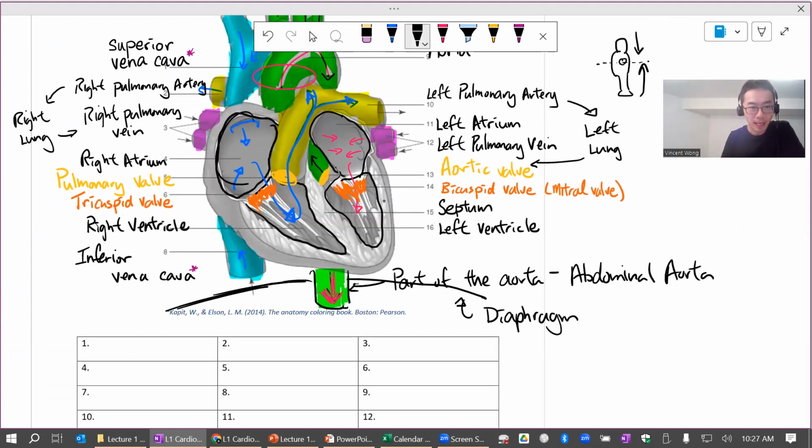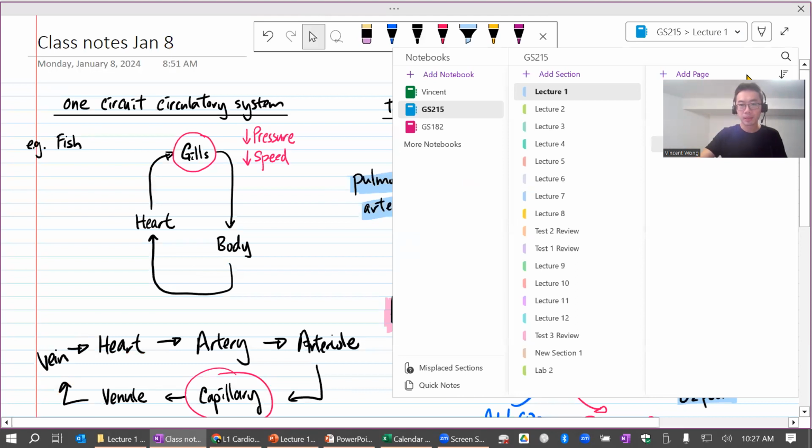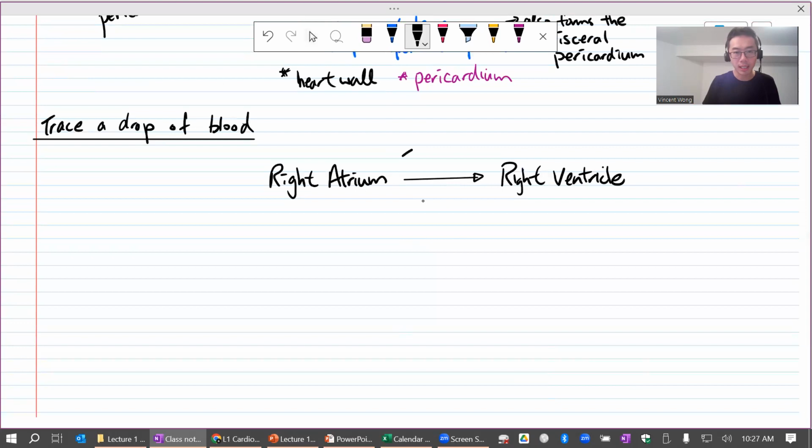We start with the right atrium right here. The blood goes to the right ventricle, and the valve we pass through is this orange one right here. That's the tricuspid valve. Follow along the diagram. Let's see, I'm going to put it right here. Tricuspid.